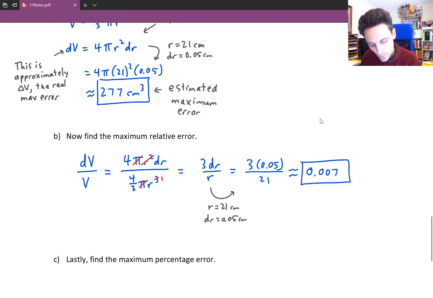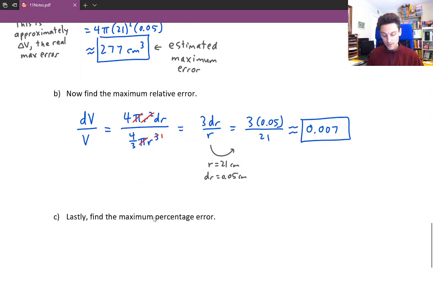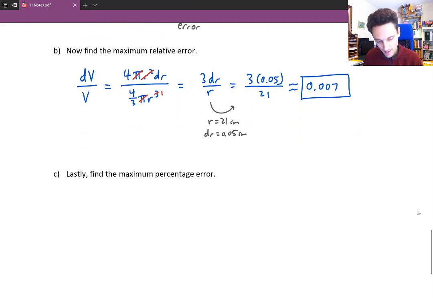So that's the maximum relative error. It makes the estimated maximum error of volume relative to the volume itself, which is a pretty small decimal. You can change that into a maximum percentage error by just changing that decimal value into a percentage. Multiply that by 100%.